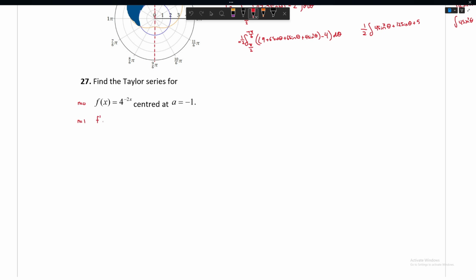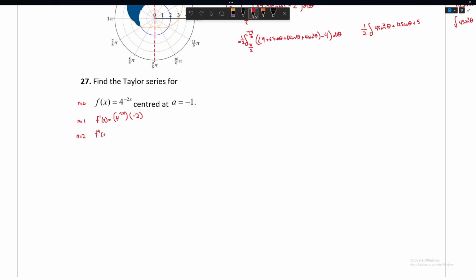And so that's your first derivative, which equals, like we said, 4 to the negative 2x times negative 2, which is the derivative of the exponent. Okay, and then we do it again. N equals 2.